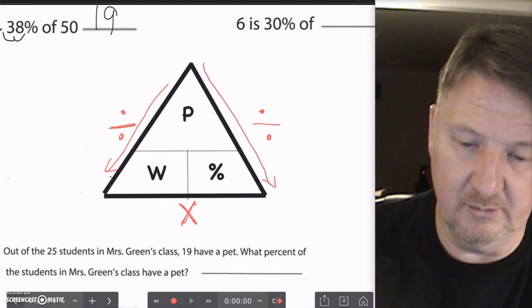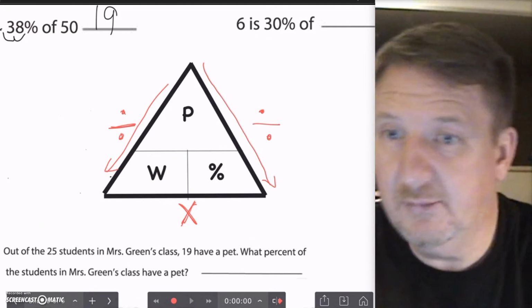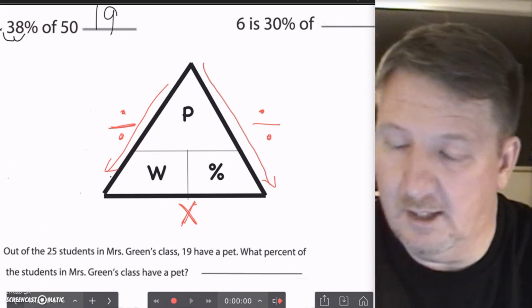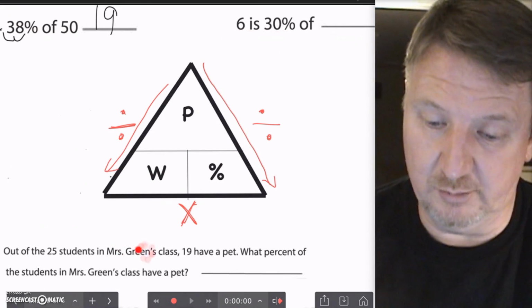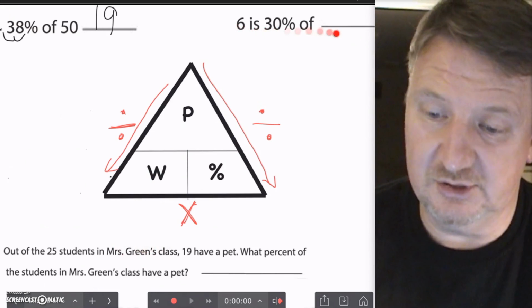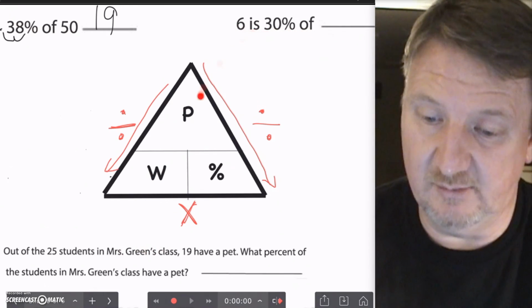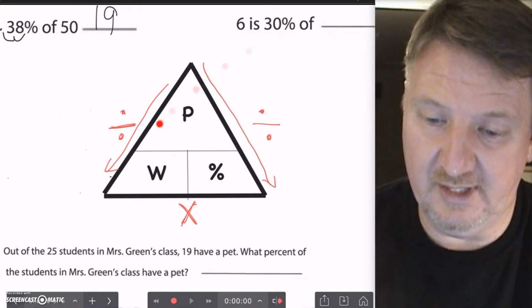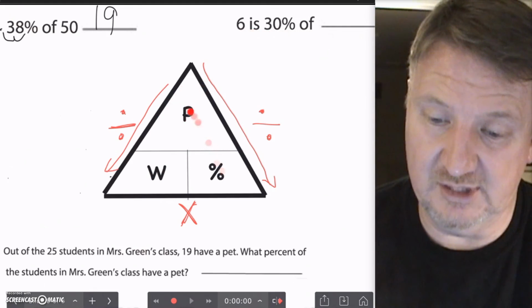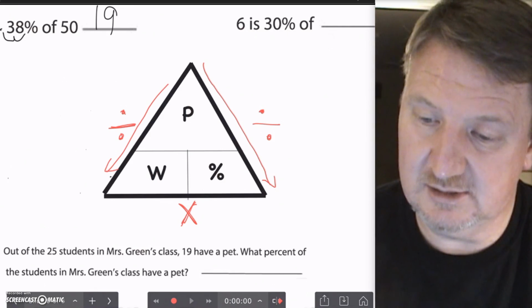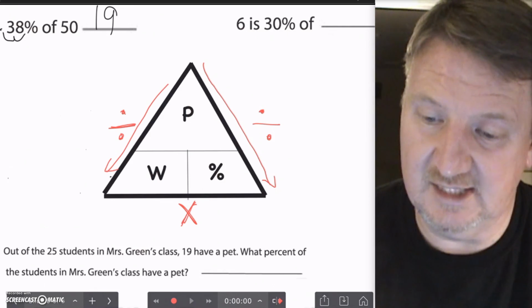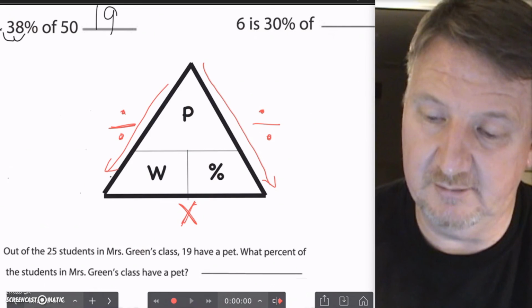All right, let's look at another one. This one over here. I only got about 30 seconds, so I'm just going to do this last one. This will be your homework problem here. 6 is 30% of. All right, 6 is, so that means I know the part. 30%, I know that, so I'm going to divide the part by the percent. Okay, divide the part, 6, by 30%, but as a decimal, 0.3.